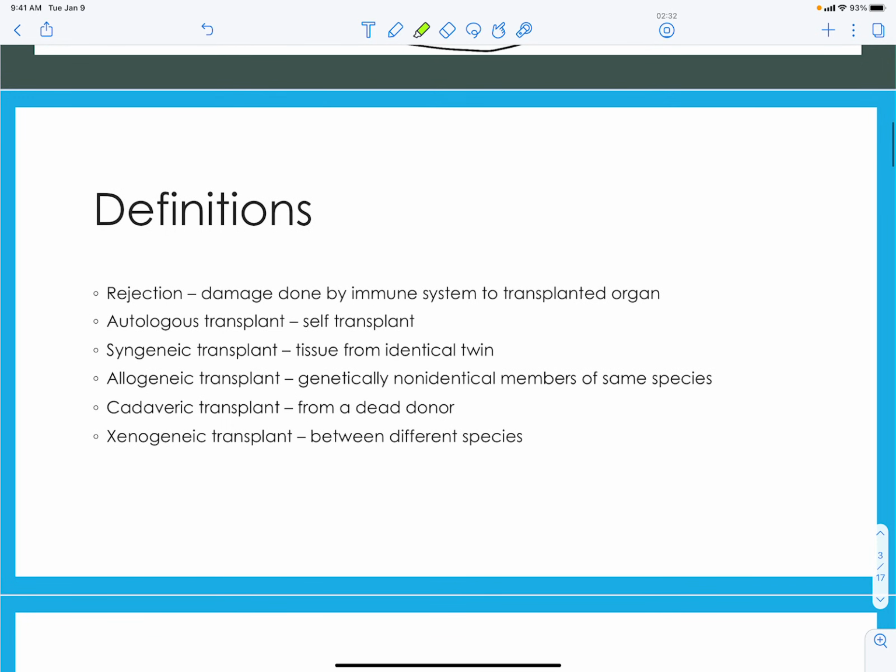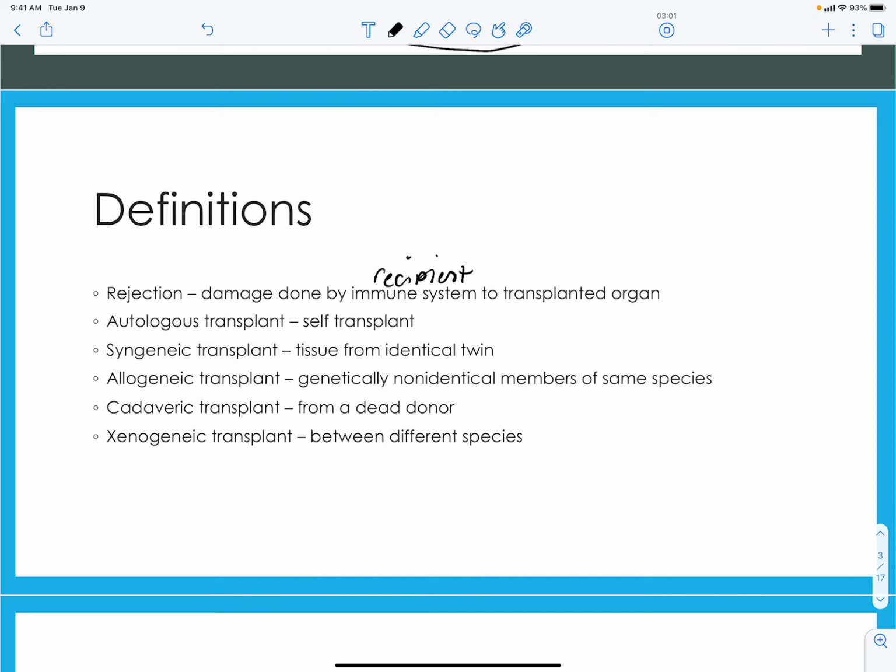And so just a few definitions. Rejection, of course, is going to be when the recipient's immune system targets the transplanted organ. And so this is the recipient. And then the organ gets destroyed, rejected. And we've already talked about different types of transplant. Autologous means yourself. The most common self is going to be a skin after some trauma.